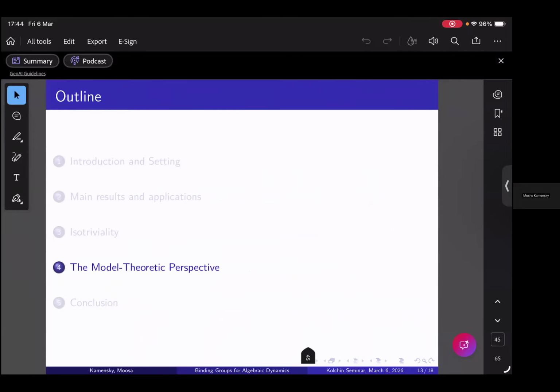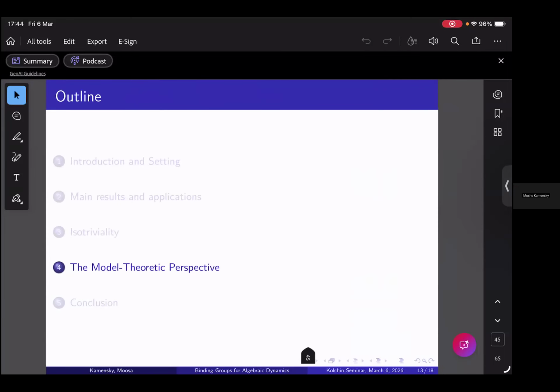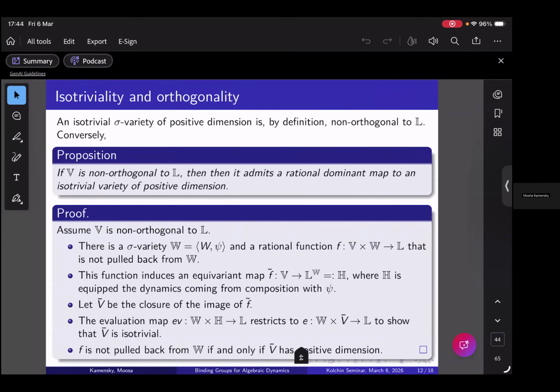Okay, so I want to say something about the model theory. Why do I want to say something about the model theory? There are several reasons. One of them is that our methods are model theoretic, and most of what we do can be completely translated to geometric language. We didn't try too hard, but some of the things are not that easily translatable.